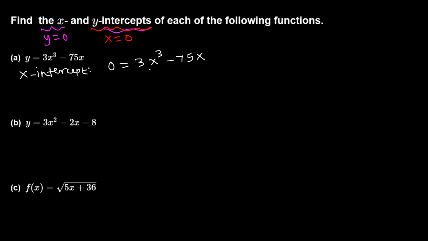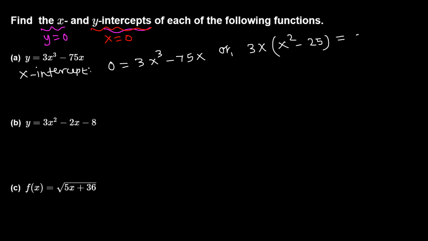We factor the right hand side: 3x cubed minus 75x, 3 goes into 75 so 3x can be factored out, that leaves x squared minus 25, equals 0.